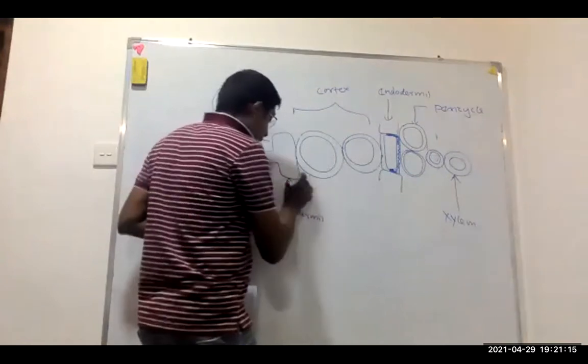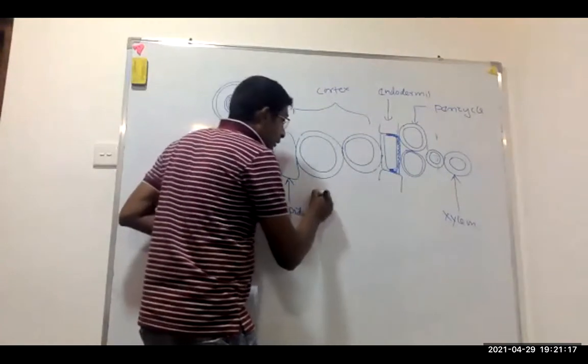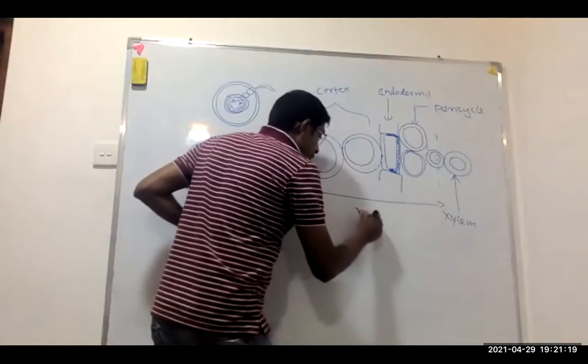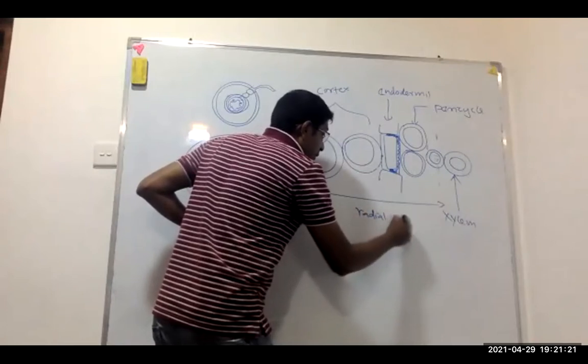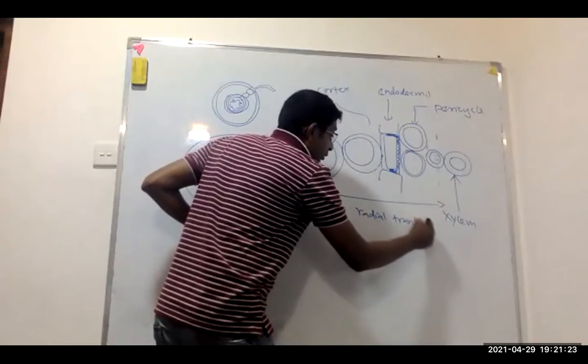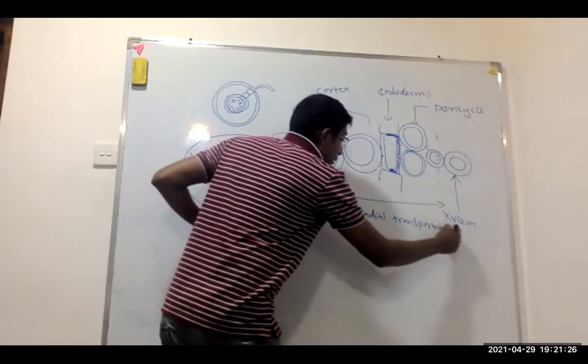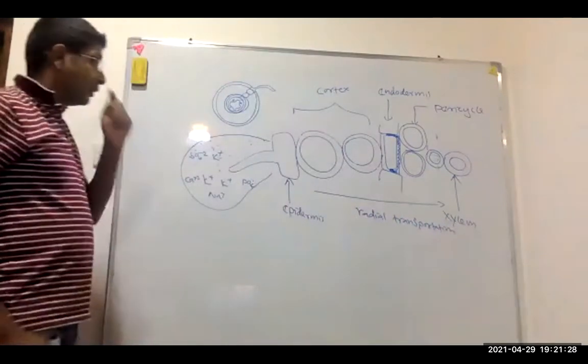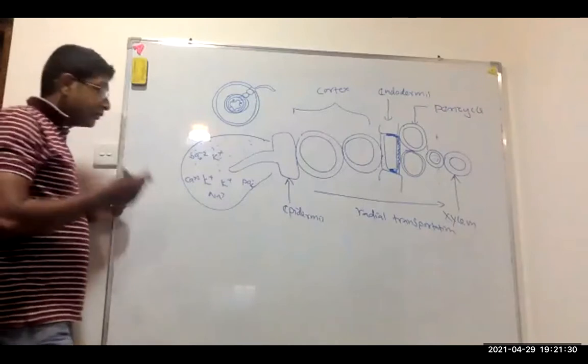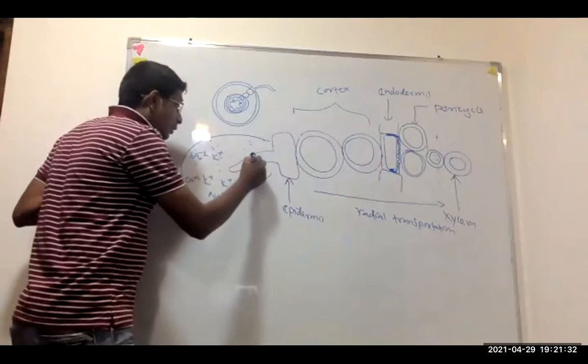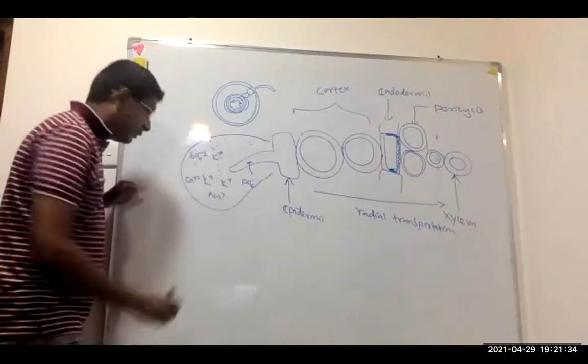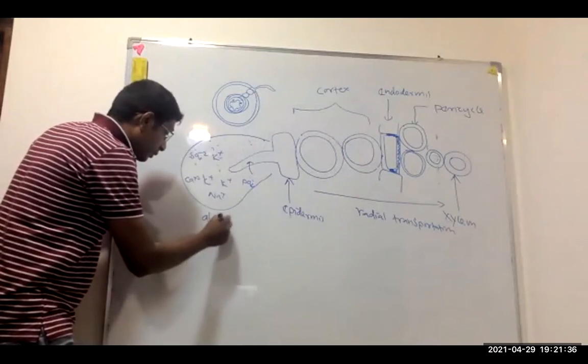Here to here, that means epidermis to xylem, there should be the radial transportation.